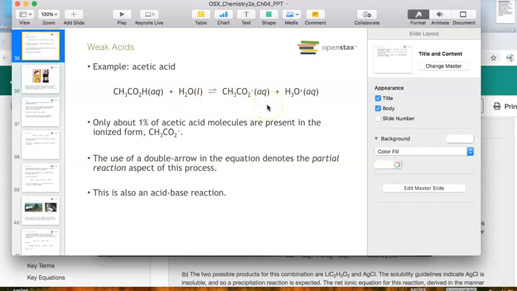But in reality, especially with weak acids, at certain points in time you're going to have a mixture of reactants and products. It's going to be going back and forth, establishing what we refer to as an equilibrium. We'll learn more about equilibrium next semester. But it's basically a process where you don't have 100% products like you would if you were dealing with a strong acid.